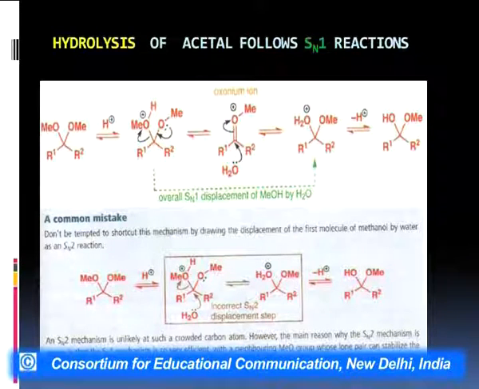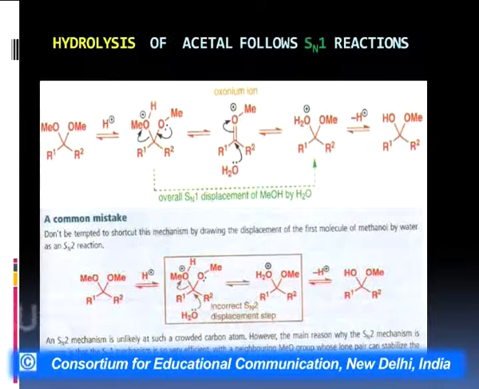Now a very, very important reaction, which we will just touch on here in brief and then take up in detail when we talk of aldehydes and ketones, is the hydrolysis of acetals. This reaction also follows SN1 mechanism. But by mistake, you may come to the idea and say, no, this is an example of SN2 mechanism. But the question arises: at a single carbon, two electronegative groups are attached.